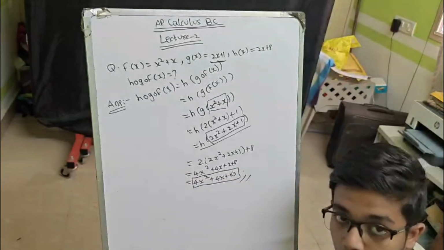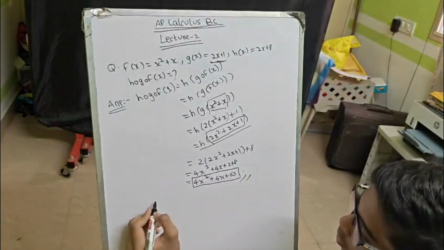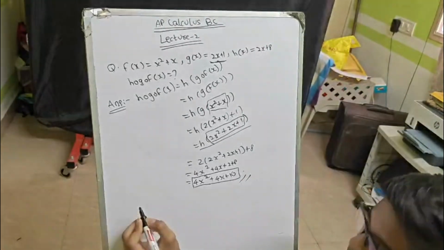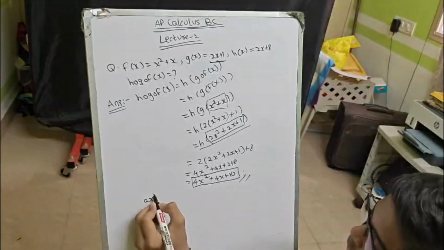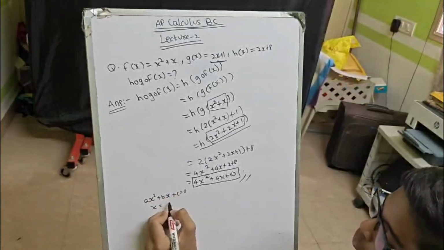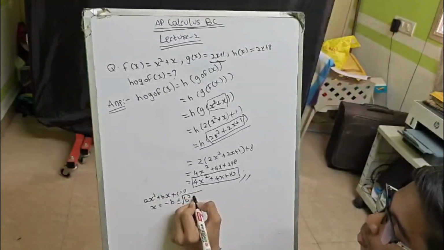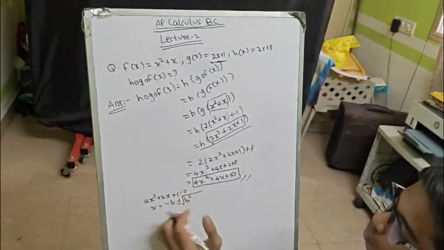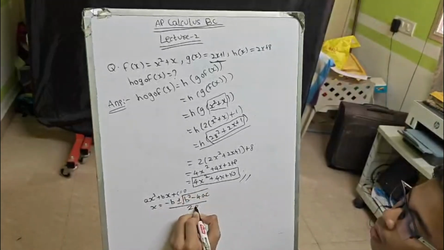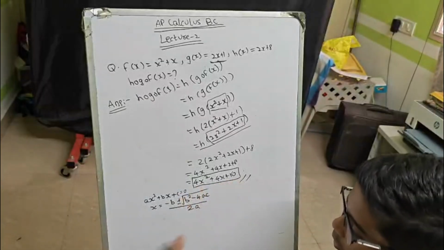They might ask you the roots of h∘g∘f of x. If it has real roots, you must be able to find them. And this is just a general formula for a quadratic equation on how to find the roots. ax squared plus bx plus c equals 0. x equals minus b plus or minus the square root of b squared minus 4ac, all over 2a.